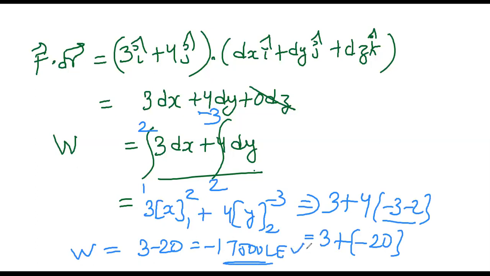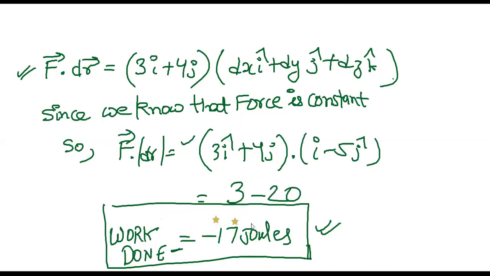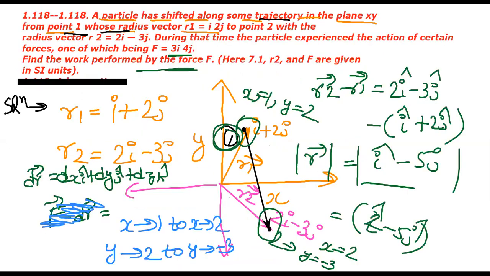So we can match it. Look here, this is minus 17 joule, and here also it was minus 17 joule. So from two methods we solved this question, and the answer is minus 17 joule. In the first method, we considered the force to be constant, so we took the dot product of the force with the differential vector which we found at first.